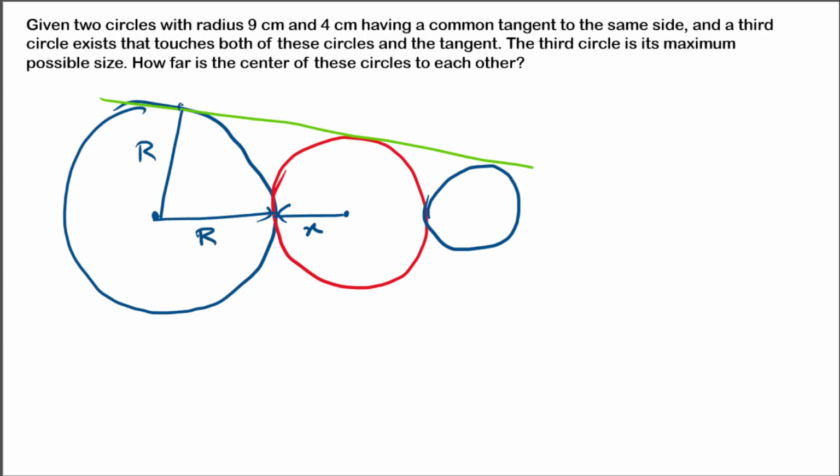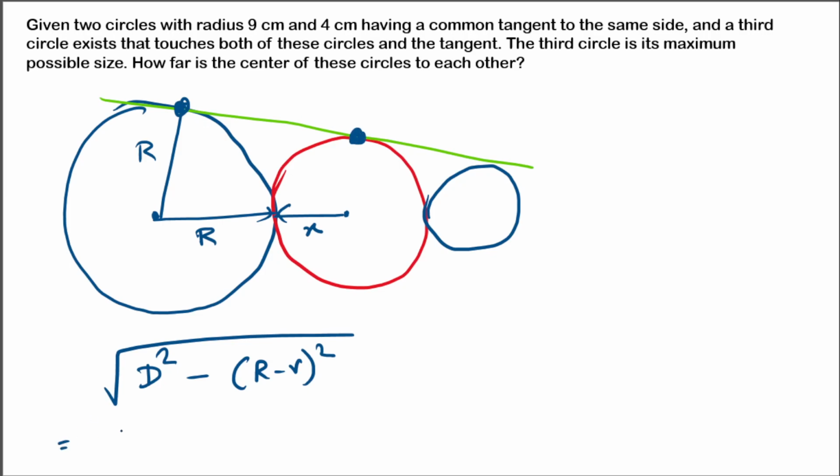Now what will be the length from this point to this point? This point to this point will be, first of all, it should be D square minus R whole square, right? So this point to this point should be equal to, here D is R plus X, right?